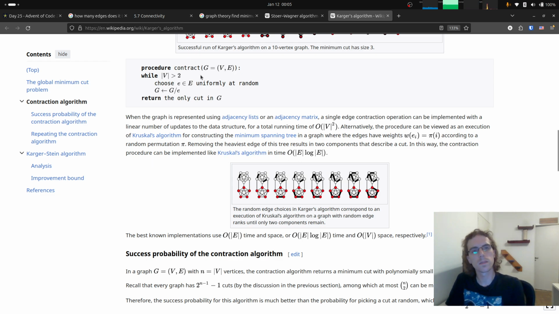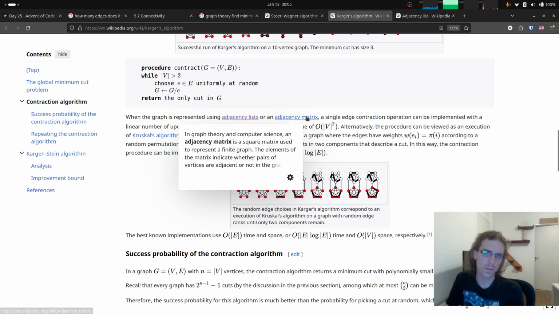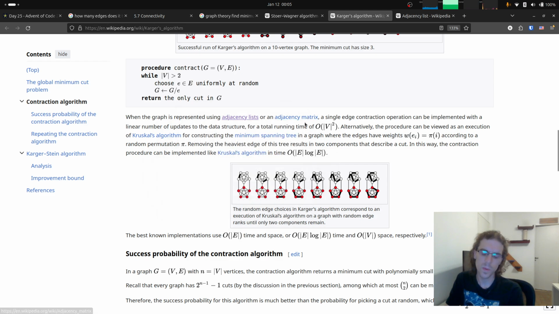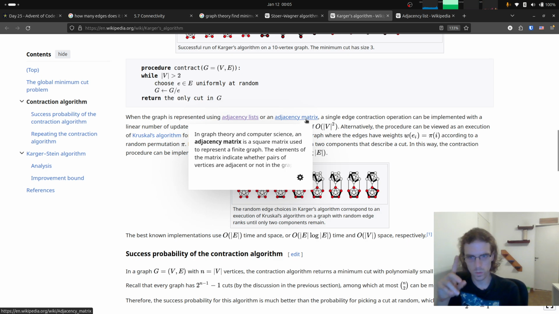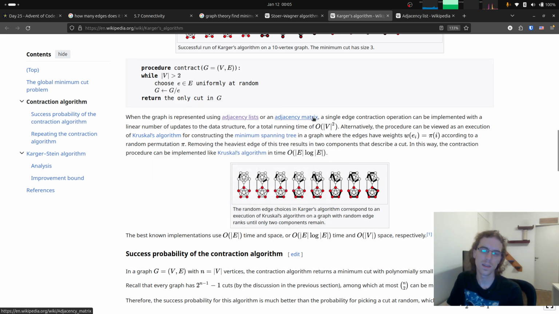Yeah, the thing about this, adjacency matrix is maybe an interesting way of representing this. Like this, if I remember correctly, is a matrix with 1 row for every node and 1 column for every node, and in each cell of the matrix you put if those 2 nodes are connected, basically.